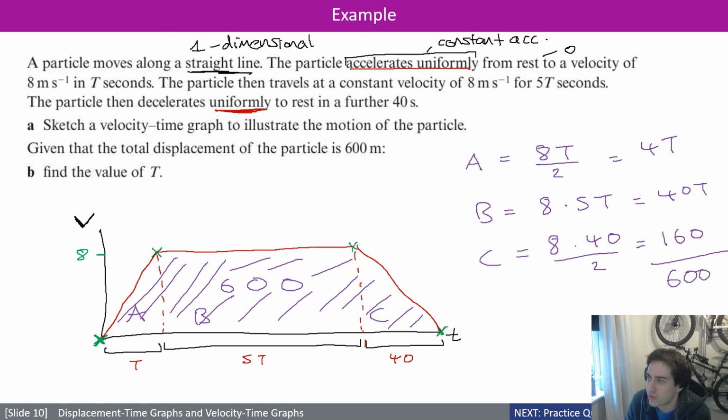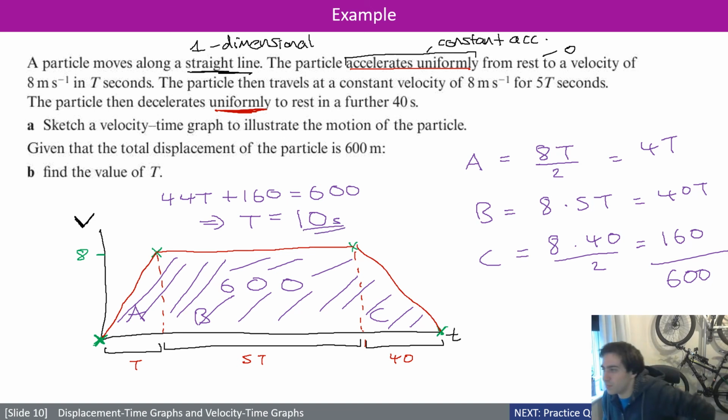So let's write our final equation. Add that all up. We've got 40t plus 160 equals 600. And then with a bit of rearranging, we should get t is equal to 600 minus 160, which is 440, divided by 44, which is 10. 10 seconds. And that's our answer.